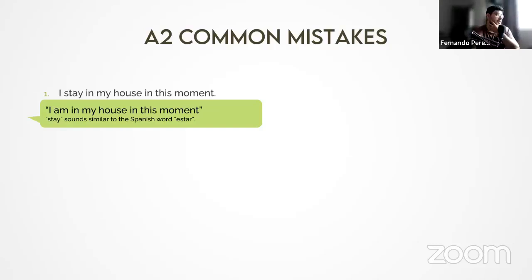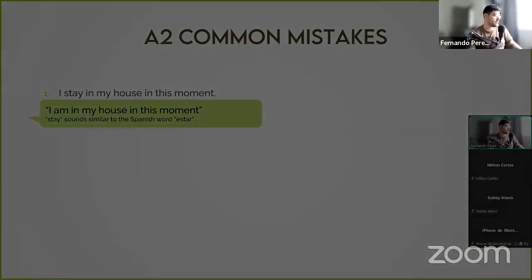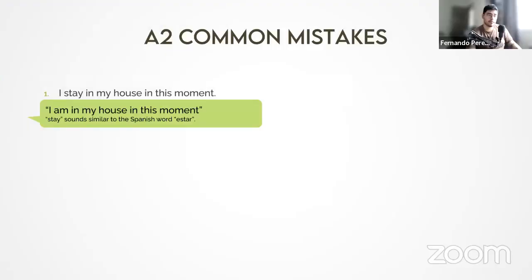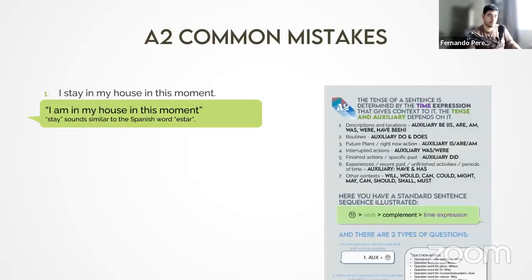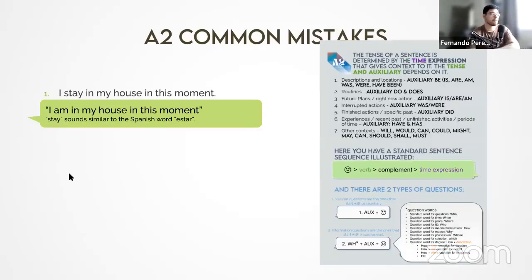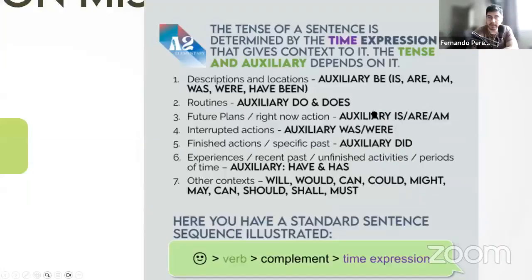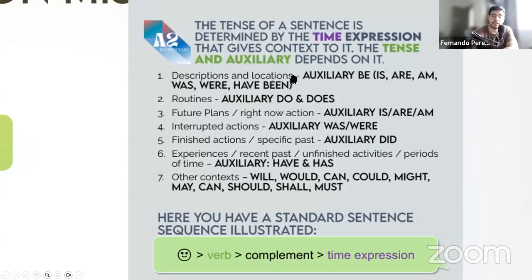You don't have page numbers, but in this page you can see the correct application of different verbs. In Formula 1, you see that the verb be is used for descriptions and locations.